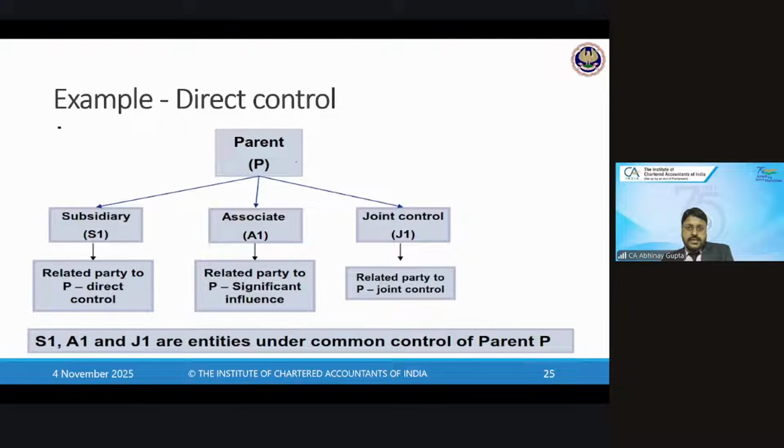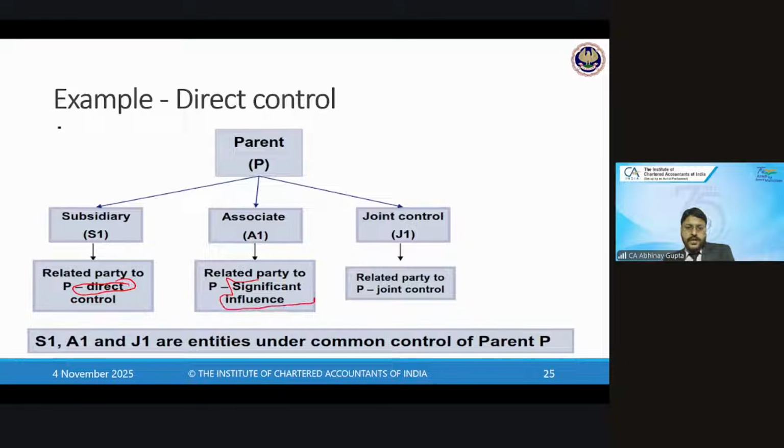Now, in this case, parent is P, subsidiary is S1, associate is A1, joint control is J1. Now, S1 is the related party. Why? Because of direct control. Yes, subsidiary.